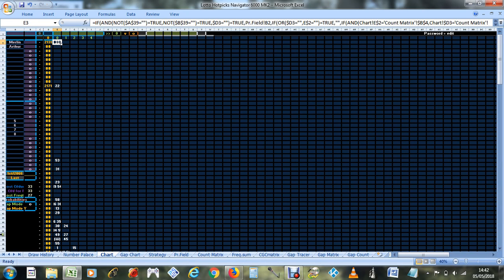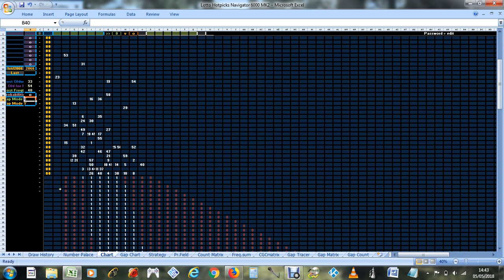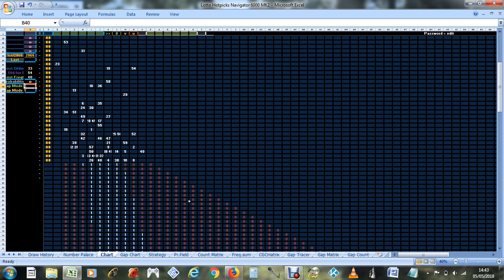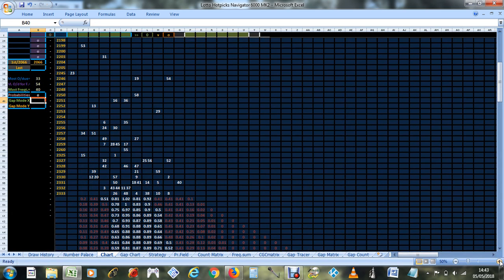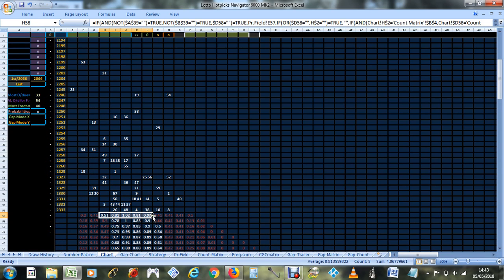So let's just have a look at the probabilities. So these areas are where the numbers are most likely to land.